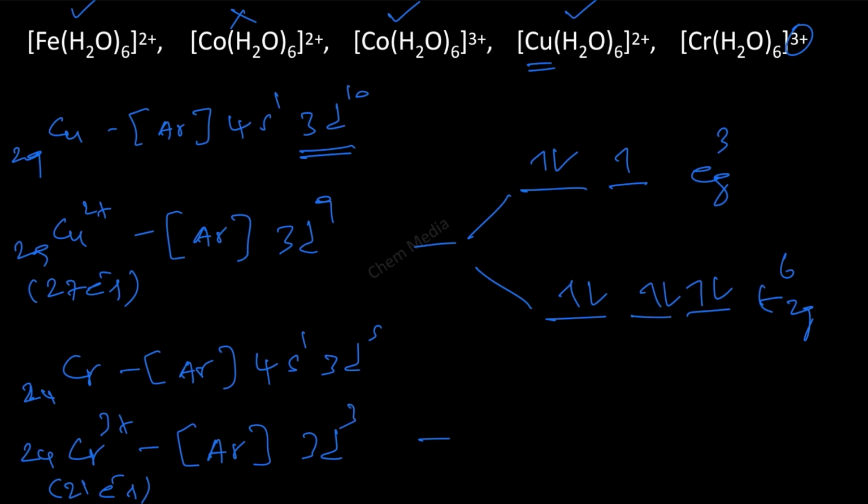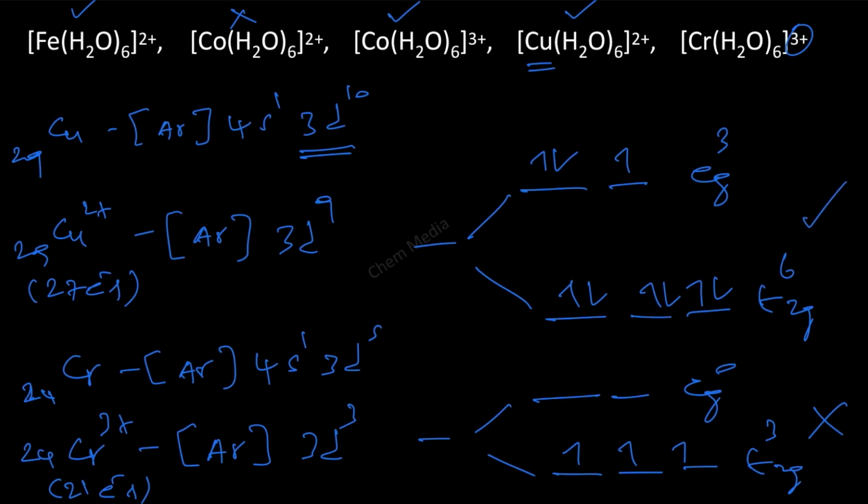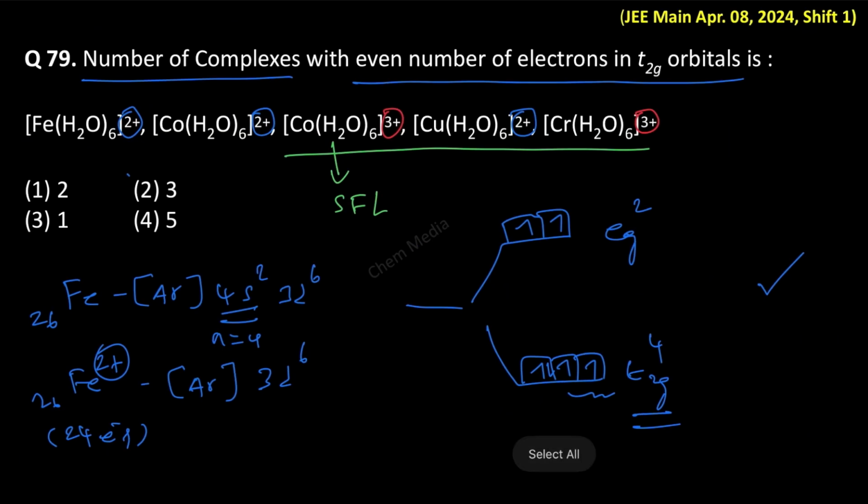In presence of ligands, this would split into t2g and Eg. So 1, 2, 3. t2g 3, Eg 0. That means we are not considering this. This means 3 complexes have even number of electrons in t2g orbitals. This means option 2 is correct.